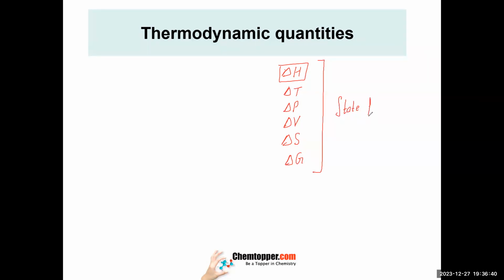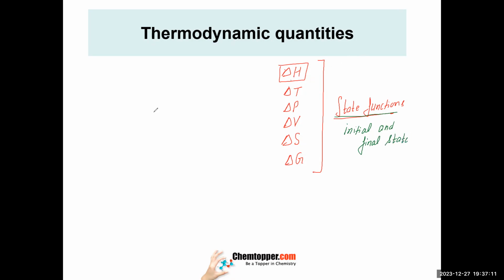State functions depend on initial and final state. You remember in unit 6, initial and final states, and nothing to do with the path.